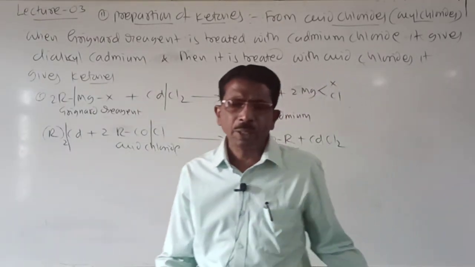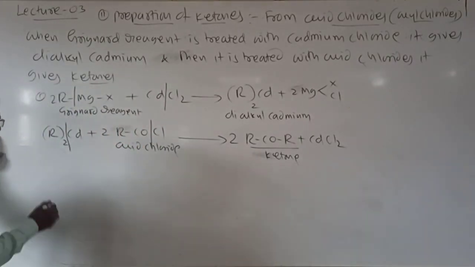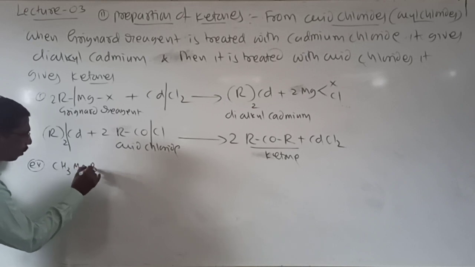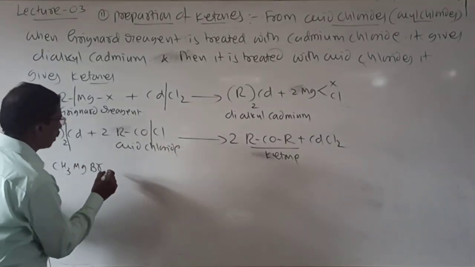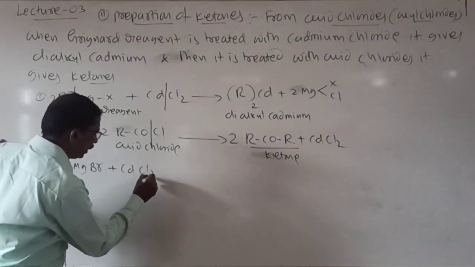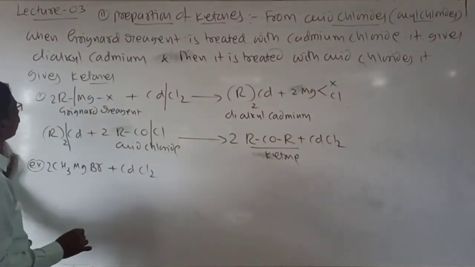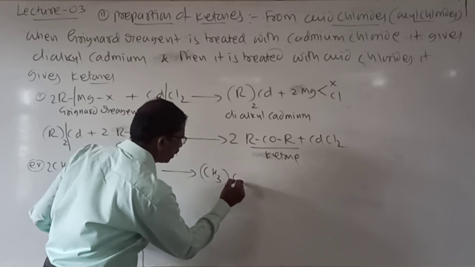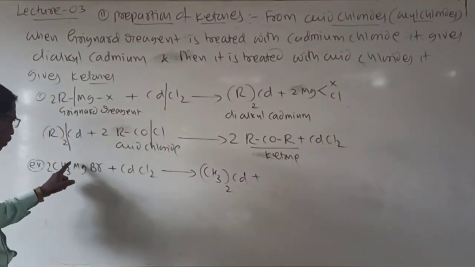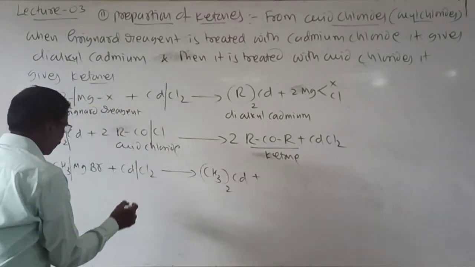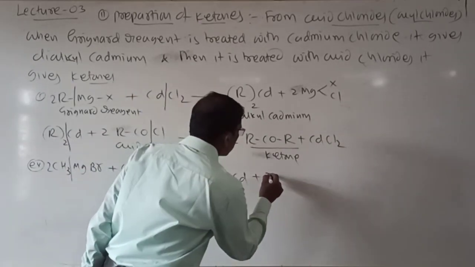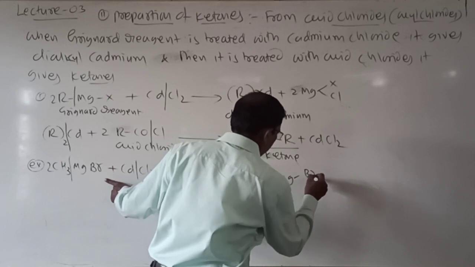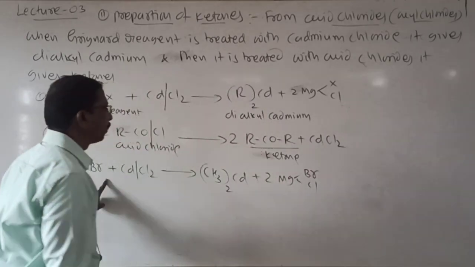Then if you take an example, I will take methyl magnesium bromide, Grignard's reagent, when treated with CdCl2, I will take 2 here, and then it forms (CH3)2Cd plus 2MgBrCl.